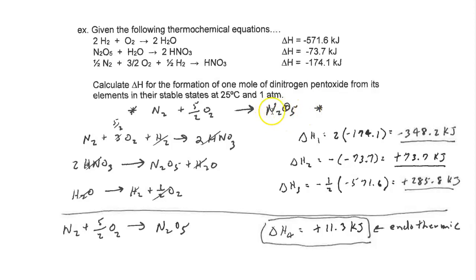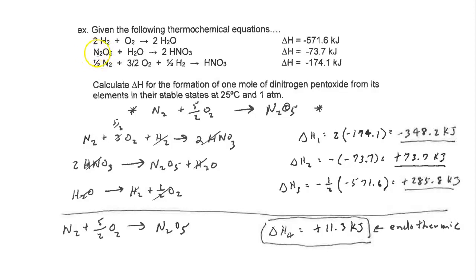Well, we got N2O5. Do you see N2O5 in one and only one of these equations? What's in this second one here? All right, what side do I need the N2O5 on? I need it on the right-hand side. How much do I need? I need 1 mole. What side is it on up here in this second equation? It's on the left-hand side. How can I fix that? Flip the equation. All right, how much N2O5 do I have here?